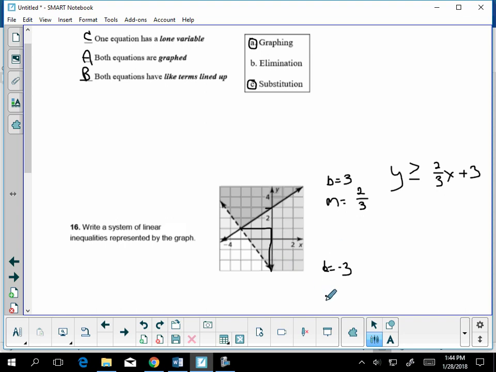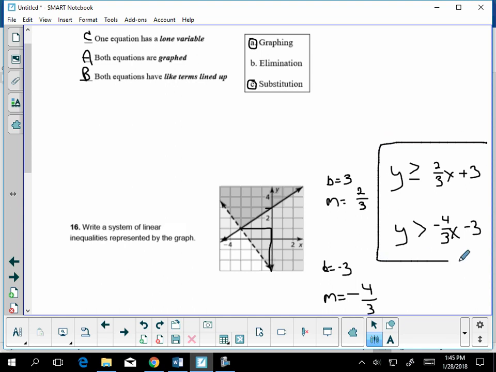It's 4. So my slope is up 4, 1, 2, 3, 4 over 3. So y equals negative 4/3 x minus 3. And let's figure out the direction of our inequality. It looks like I'm shading above again. So that would be just a greater than. So there's my system right there.